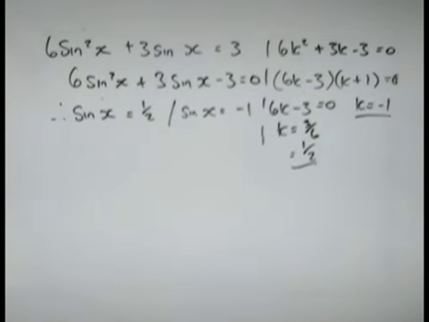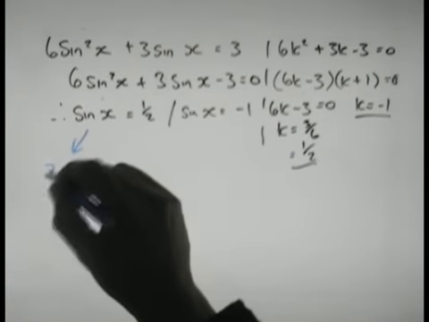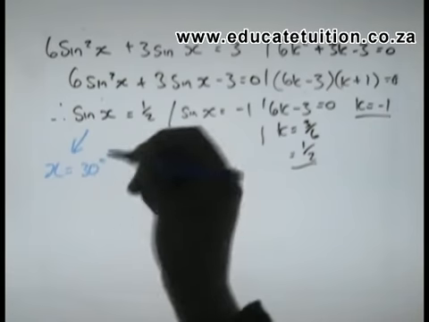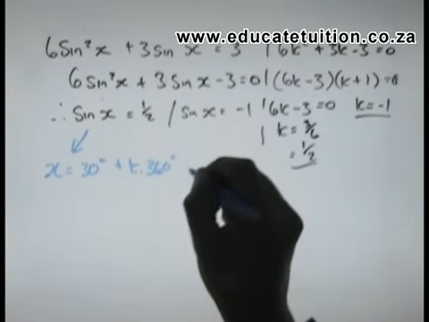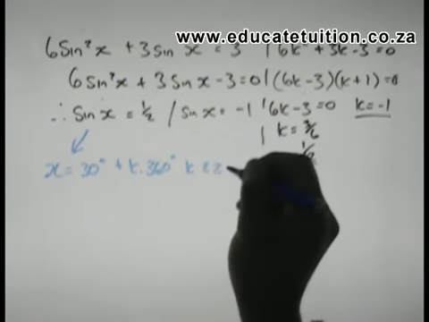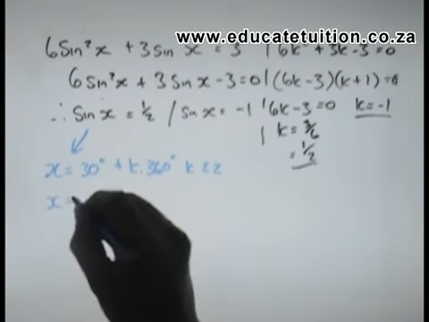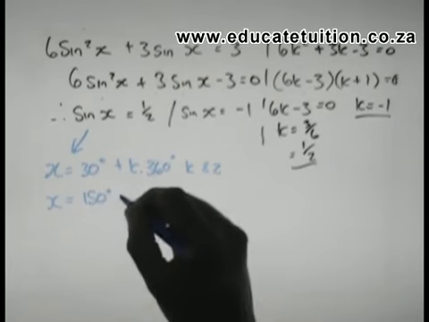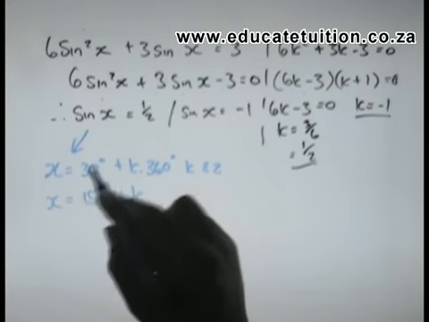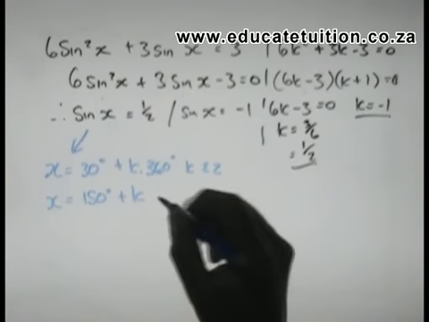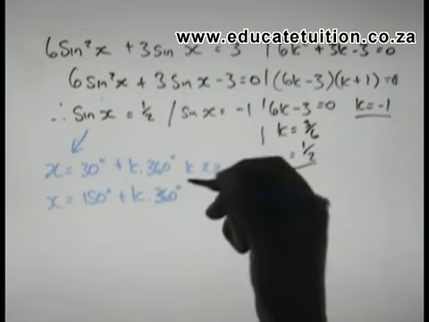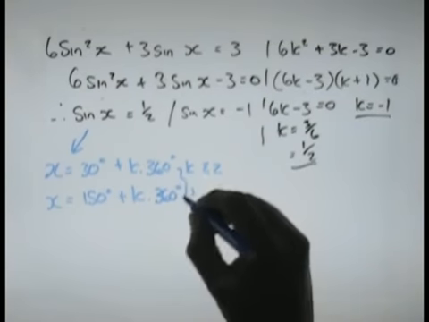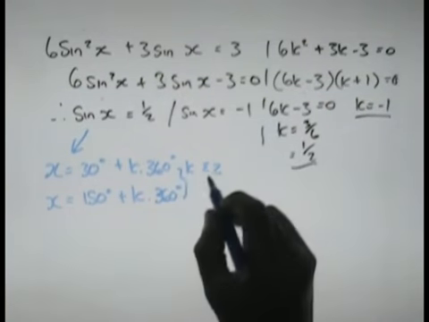If I solve for sine of x being equal to 1/2, it means that x is equal to 30 degrees plus k times 360, where k is an element of integers, or x is equal to 150 degrees. Remember, second quadrant, 180 minus our reference angle. 150 degrees plus k times 360 degrees, all when k is an element of integers.